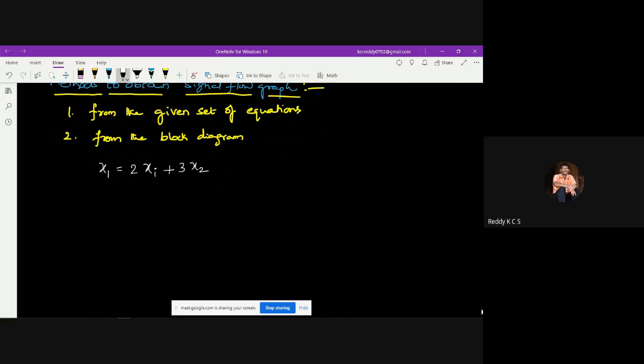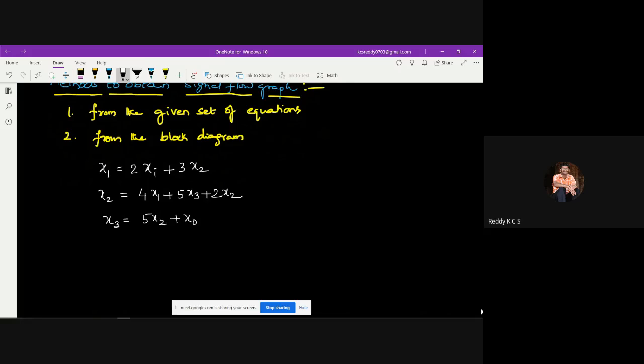This is the first equation. And one more algebraic equation: x2 is equal to 4 times x1 plus 5 times x3 plus 2 times x2, then one more variable, x3, that is 5 into x2 plus x naught.